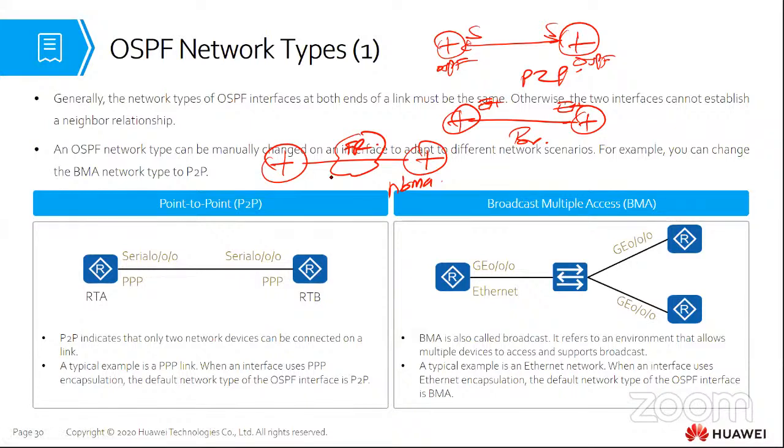You see, frame relay is a layer 2 technology. Ethernet is a layer 2 technology. Serial is the one that gives us point-to-point protocol, which is a layer 2 technology. So different layer 2 technologies have their default OSPF network types.